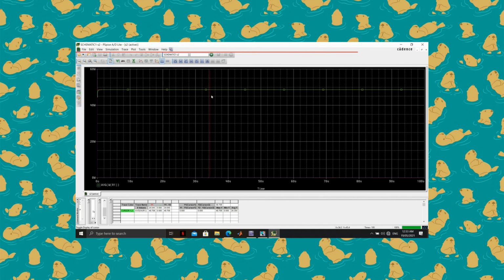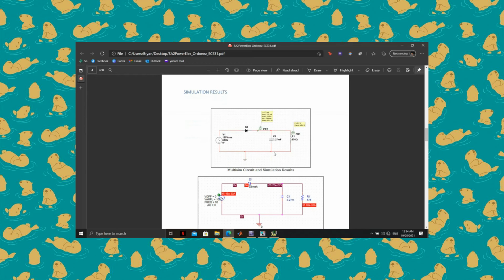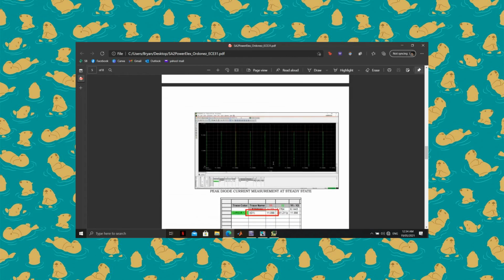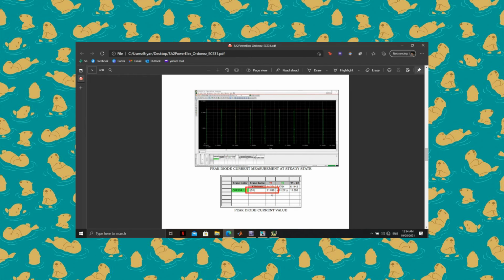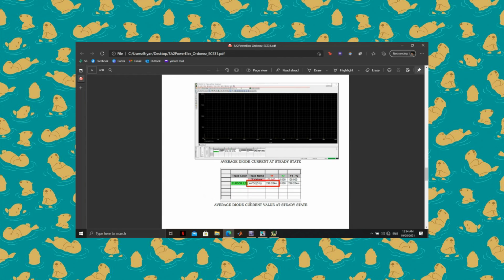So, again, to recap, this is our Multisim circuit and simulation, while this is our OrCAD circuit. Our simulations are recorded. First, the peak diode current measurement at steady state is 11.098 amperes. Next, the average diode current value is recorded at 296.284 milliamperes.